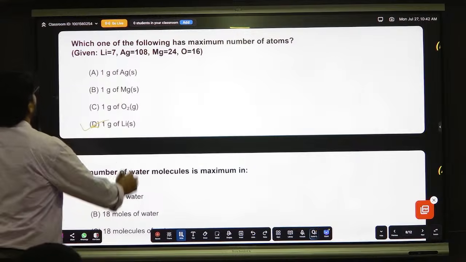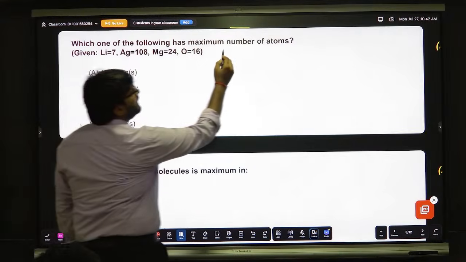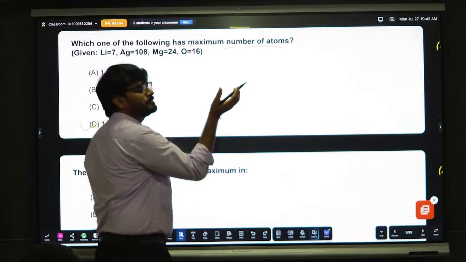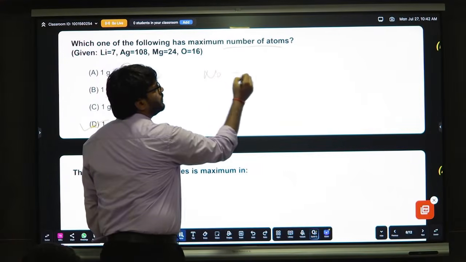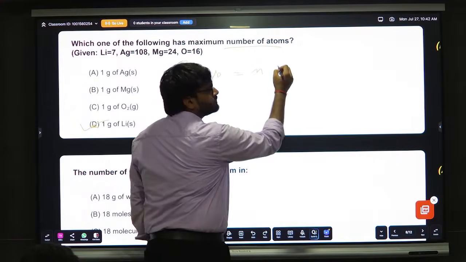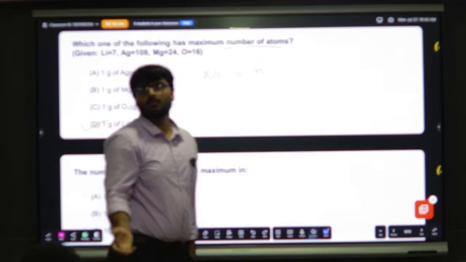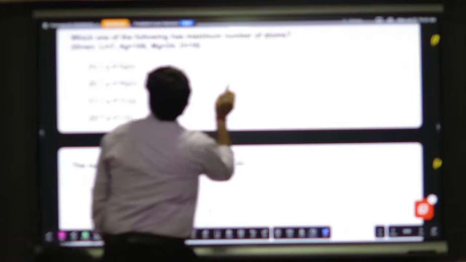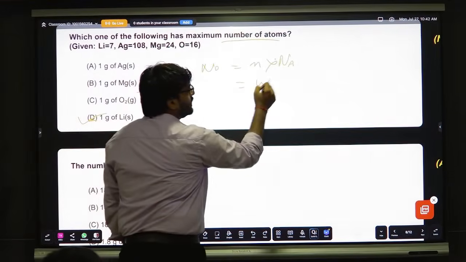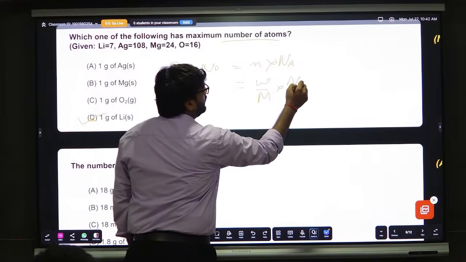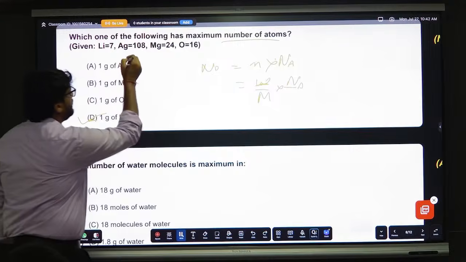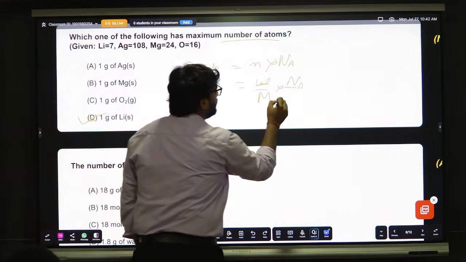Everyone, please say it. Which of the following has maximum number of atoms? Which formula should I use? Number is equal to n into Na. How many moles? Now again, number of moles is mass by molar mass. Your mass is same, Na is same. Now the only thing which is different is your molecular weight, right?